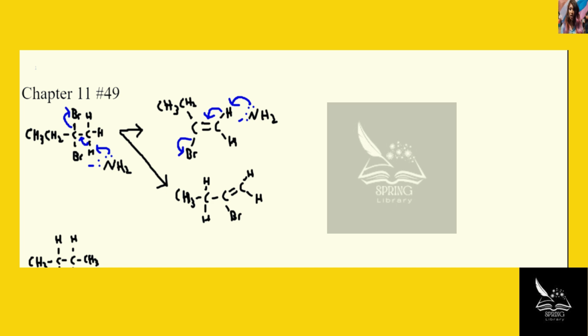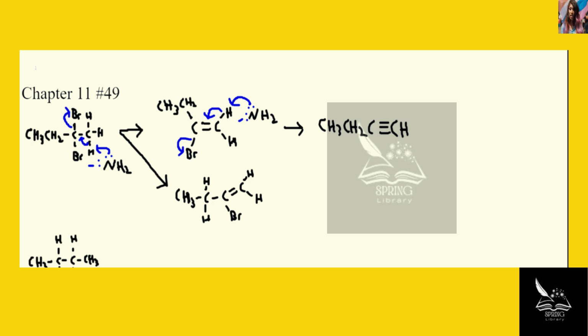And so if that happens, the product is 1-butyne. So the product here looks like this: CH3, CH2, C, CH. Okay, so there's our 1-butyne.